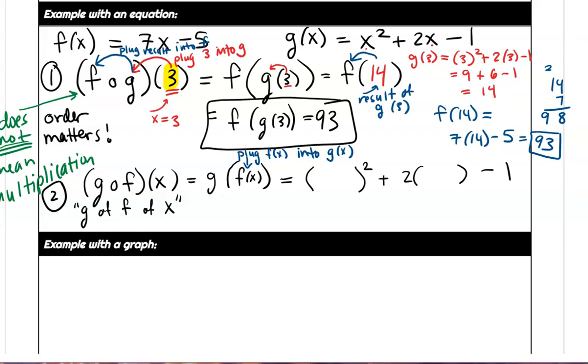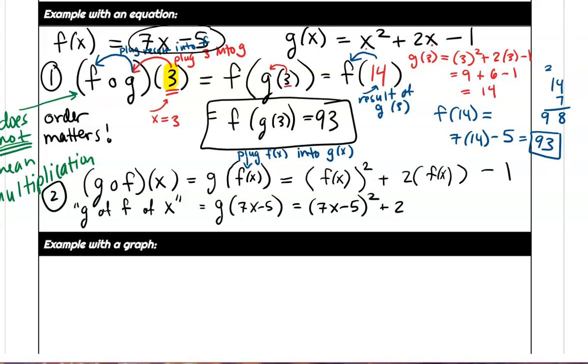So what used to be x is now f of x. We're plugging in this expression, 7x minus 5. This is basically saying find g of 7x minus 5. So I would need to do 7x minus 5 squared plus 2 times 7x minus 5, and then minus 1.